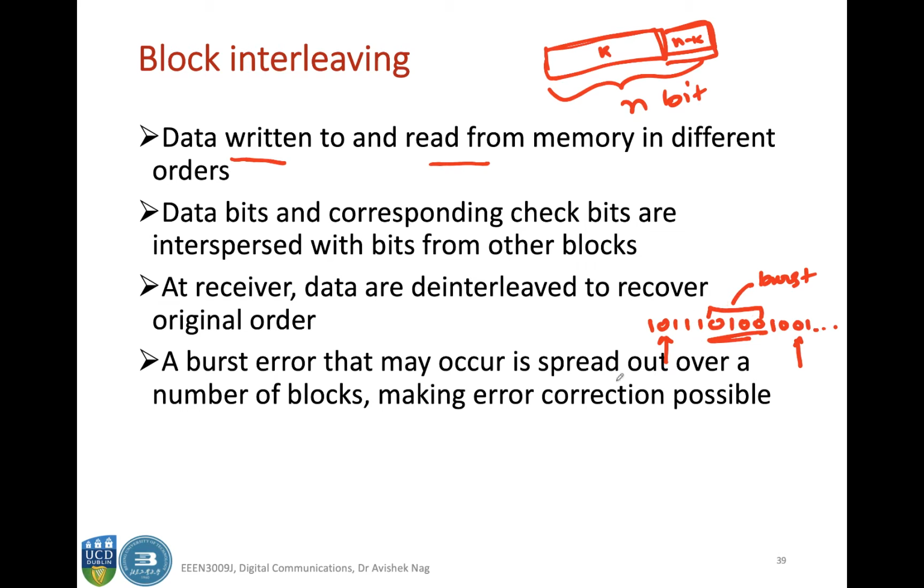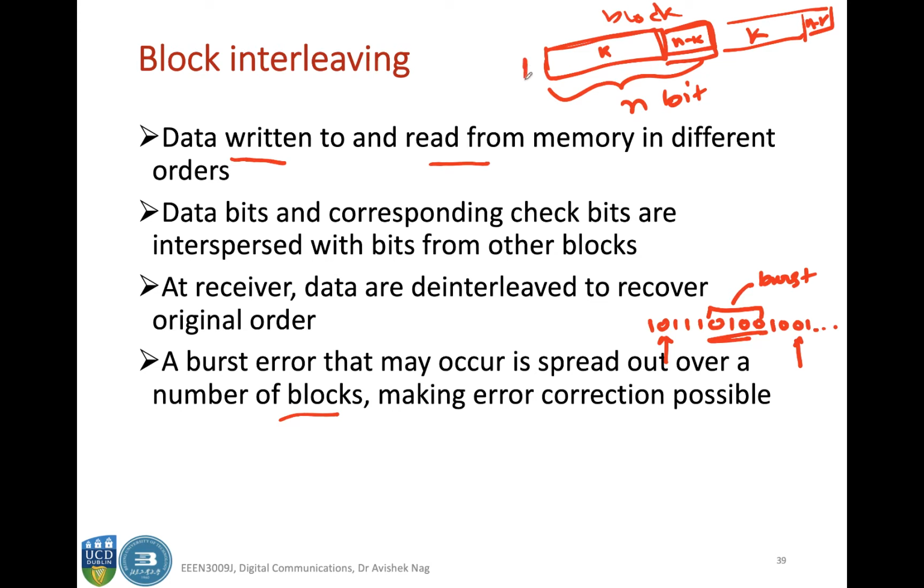A burst error may occur, and this may spread out over a number of blocks. So this is one block, let's say, and then you have another block, where you have the k bit data and n minus k check bits, and then you have multiple blocks interleaved together like this.